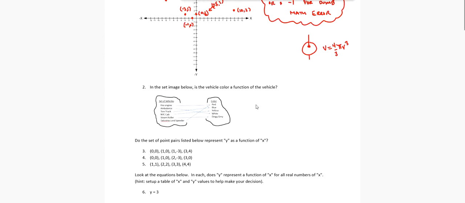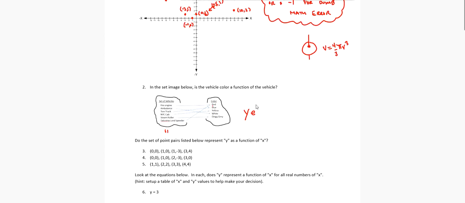We have steamroller, dingy gray, and then we have Tatooine land speeder, which is also red. So these two are both red, but there still is only one color for any one given independent variable here.